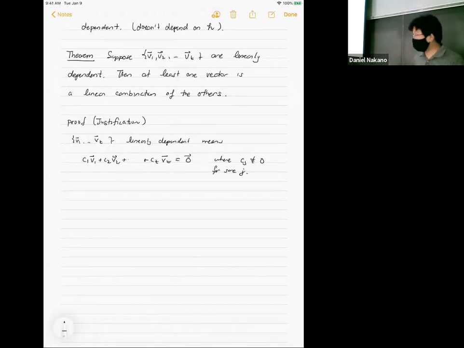So we can write the zero vector as a linear combination of the vectors where one of the coefficients is not equal to 0.